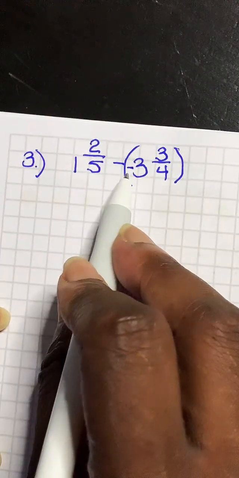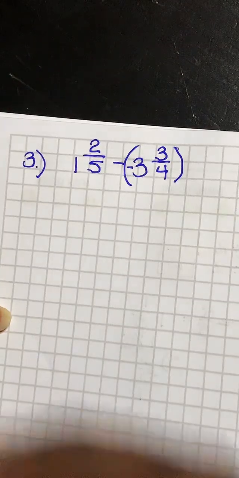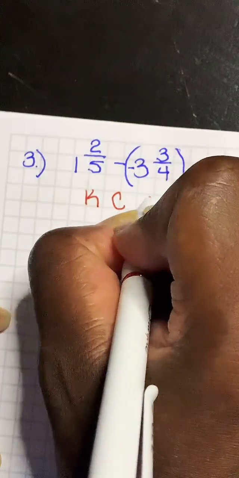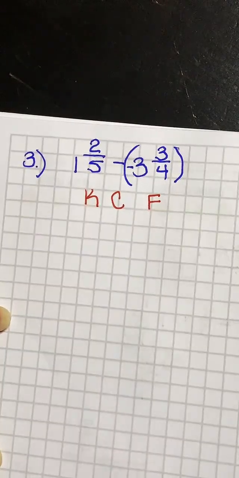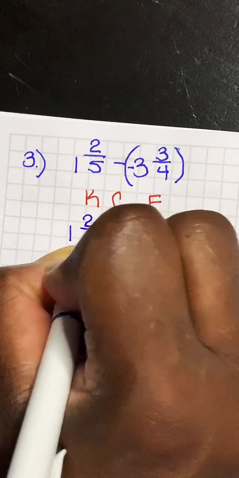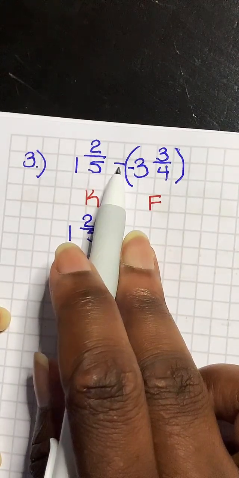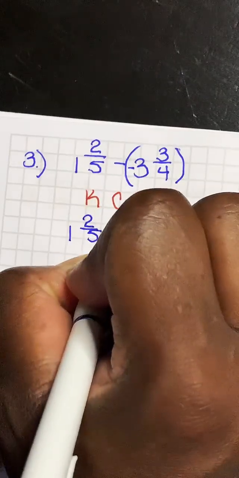So when you minus a negative, we can do what's called keep, change, flip. So we have our 1 2/5. You're going to change that minus to a plus.